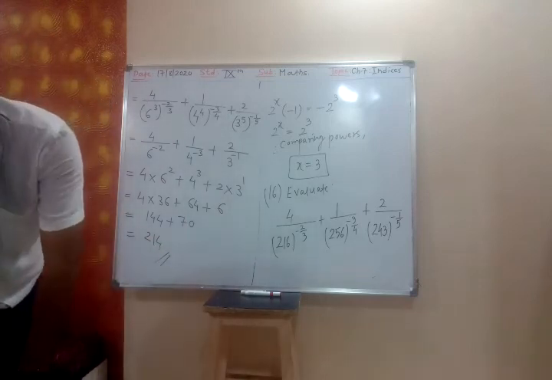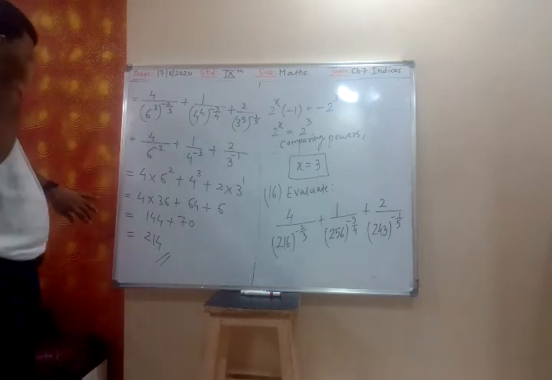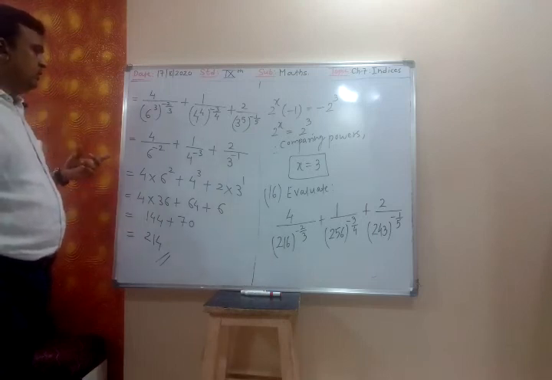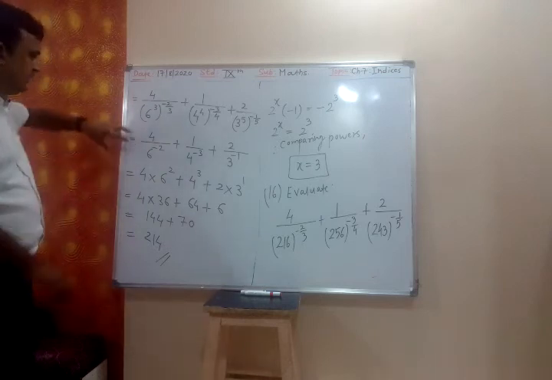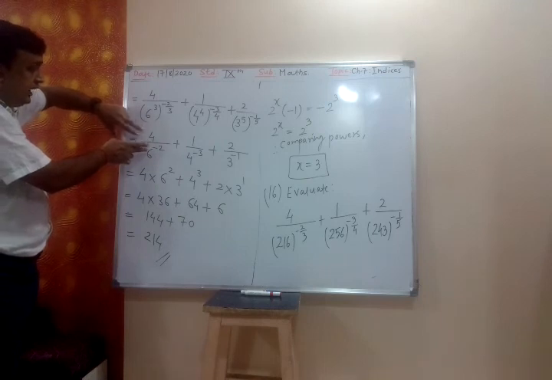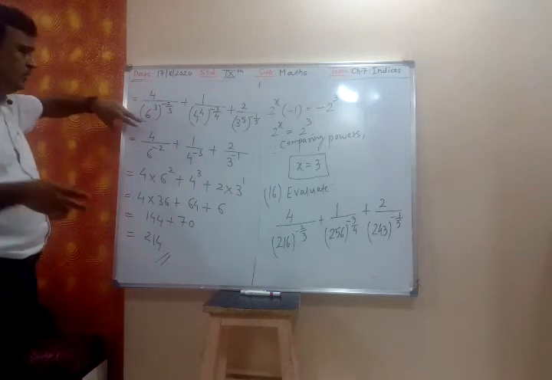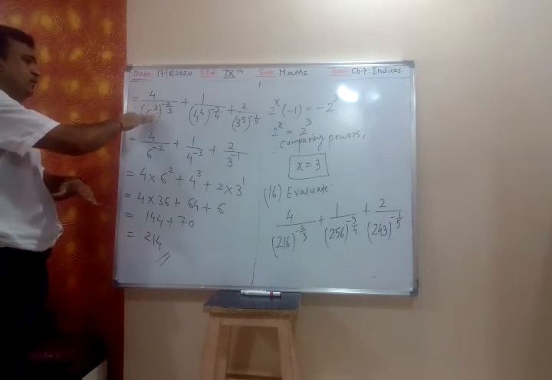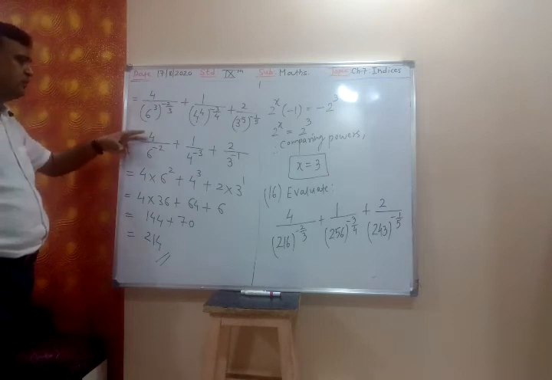Such type of problems: 4 upon 6 raised to minus 2. I am not taking the reciprocal of the entire term. Only the denominator I am taking the reciprocal. It will go up, the power will become positive. 4 I am keeping there only. Whenever it is whole raised to minus 2, and we take the reciprocal, then they will interchange.